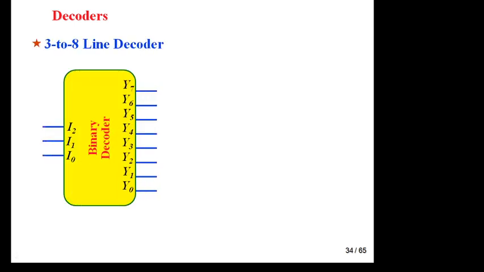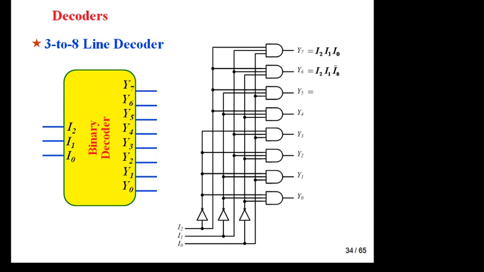Suppose there is a 3 to 8 decoder. A 3 to 8 decoder means 3 inputs and 8 outputs. I already told you, in a decoder there are m inputs and 2 to the power m outputs. This is the final circuit. How will you implement it using gates? Suppose this is 0, this is 0, this is 1, then y1 will be activated.